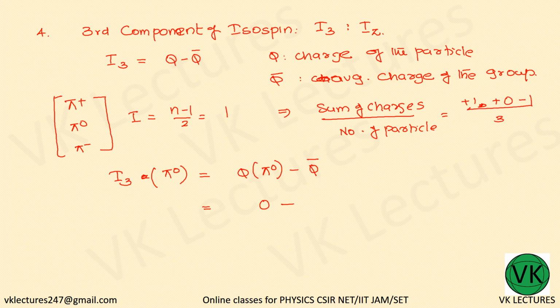So plus 1 plus 0 is 1, minus 1 is 0. So the average charge is 0. So 0 minus 0, I3 for pi naught is equal to 0. Similarly I3 for pi plus is plus 1 minus 0, that is equal to 1, and I3 for pi minus is equal to minus 1.